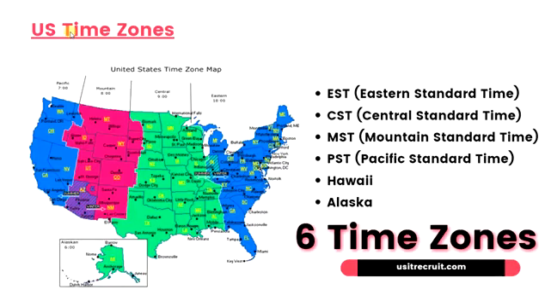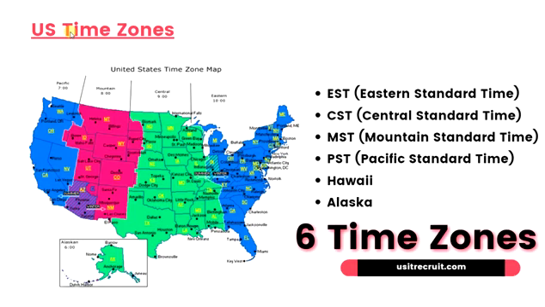Usually in other countries like India, we have a single time zone where everyone strictly follows the single time. But in the United States, there are 6 different time zones.